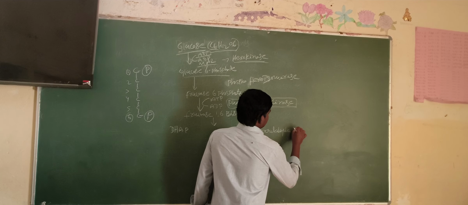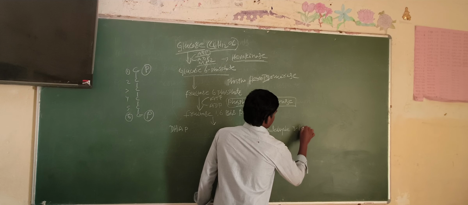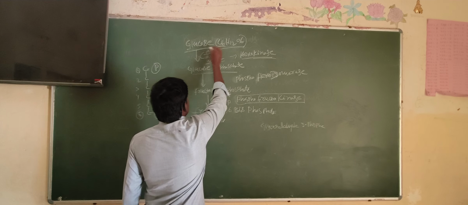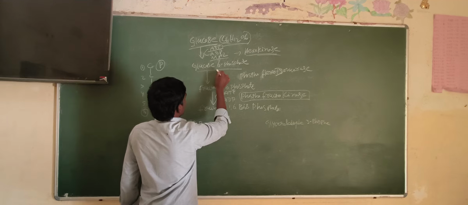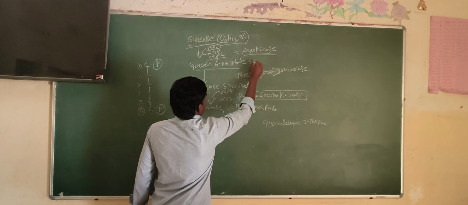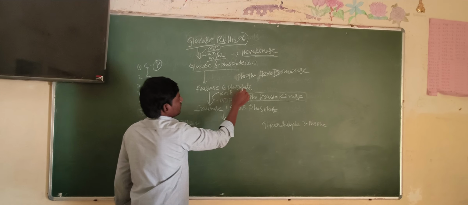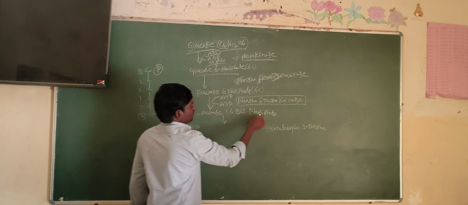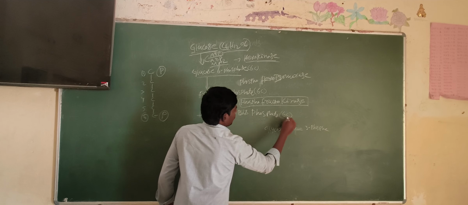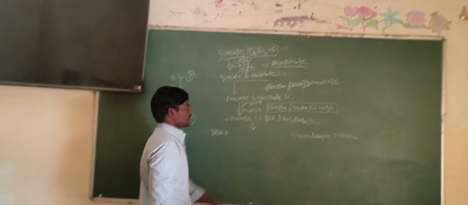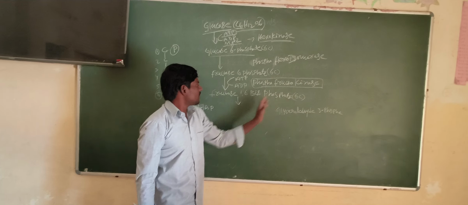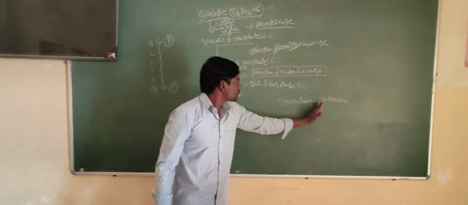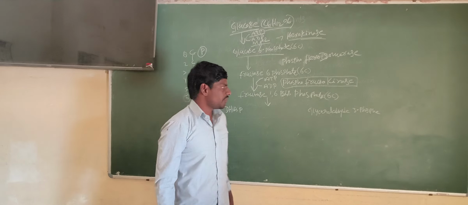Glucose is a 6-carbon compound. Glucose 6-phosphate, fructose 6-phosphate and fructose 1,6-bisphosphate are also 6-carbon compounds. Out of 6 carbons, 3 carbons go to DHAP and another 3 carbons go to glyceraldehyde 3-phosphate.